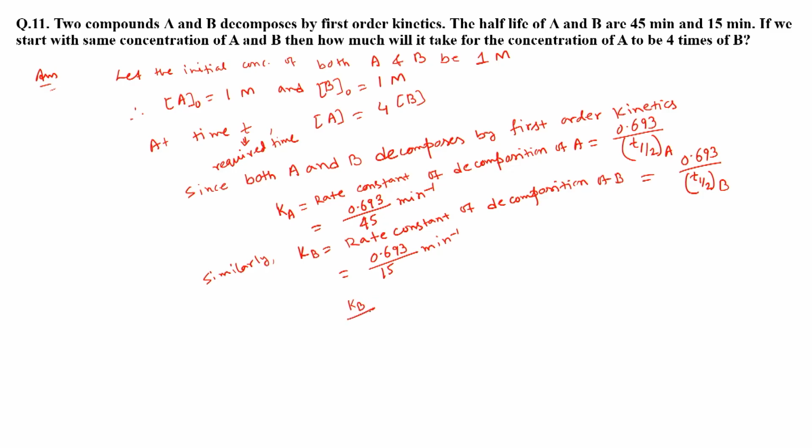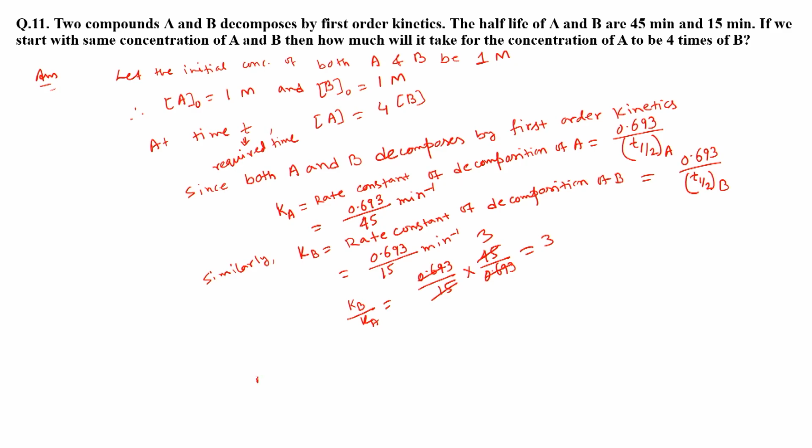So, Kb by Ka is 0.693 by 15 times 45 by 0.693. So, you get 3. So, the value of Kb by Ka is 3.